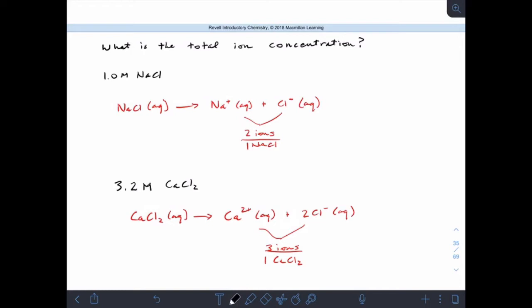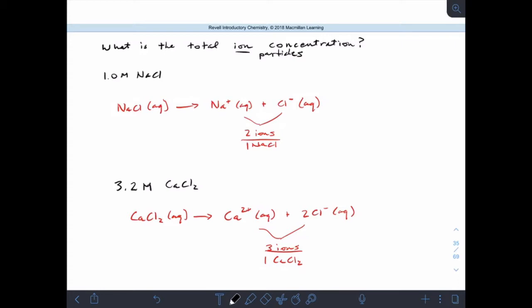The ions we can also refer to as particles. With colligative properties, the property changes by the number of particles that go into the solution. If we have an ionic substance, it's going to come apart in water, and we're going to get particles. One of the things you need to be able to do is determine how many ions there are per molecule.